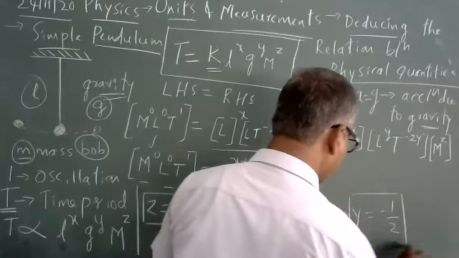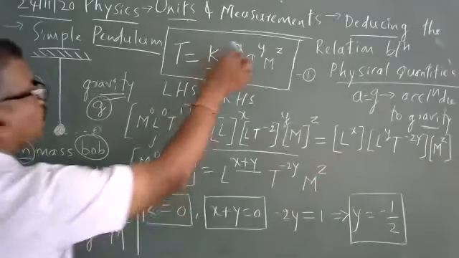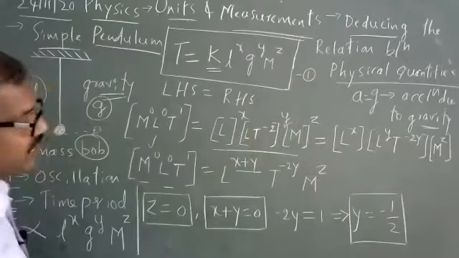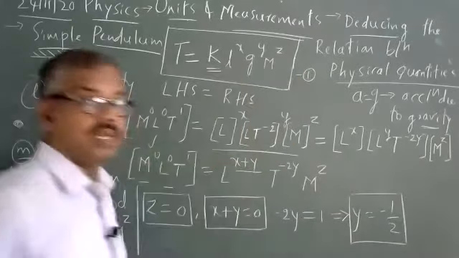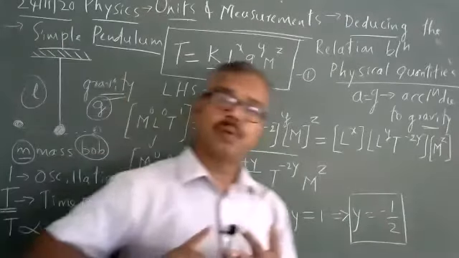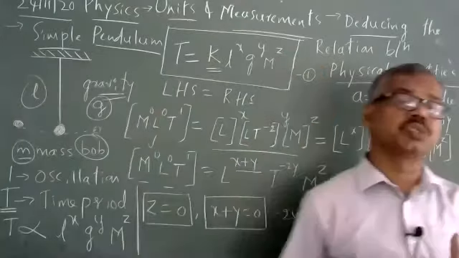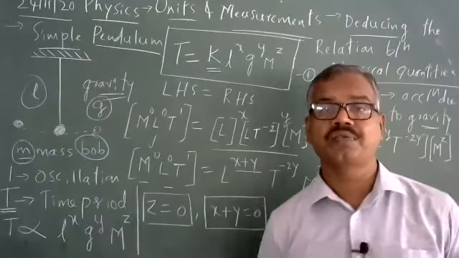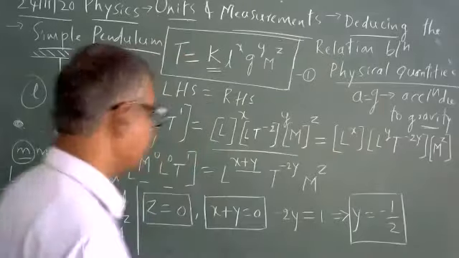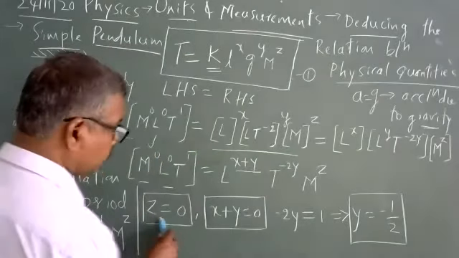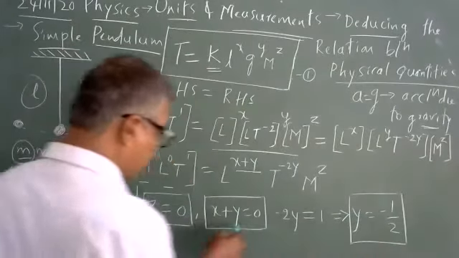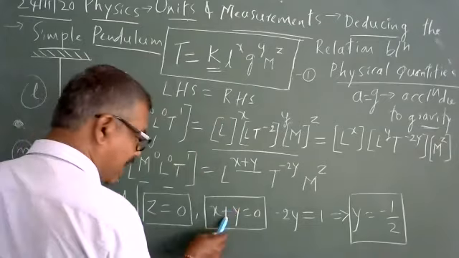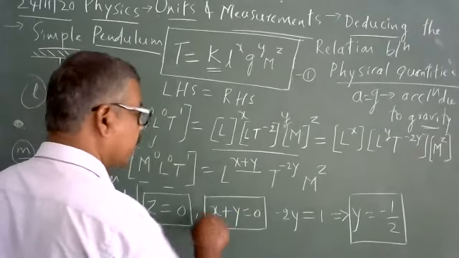So I got two values. I am interested in what x, y, z are. x, y, z are arbitrary values. They may take positive or negative values. They are the exponents of the dimensions mass, length, and time. Now I got z equal to 0, y equal to minus half. To make this identity valid, x should be plus half.